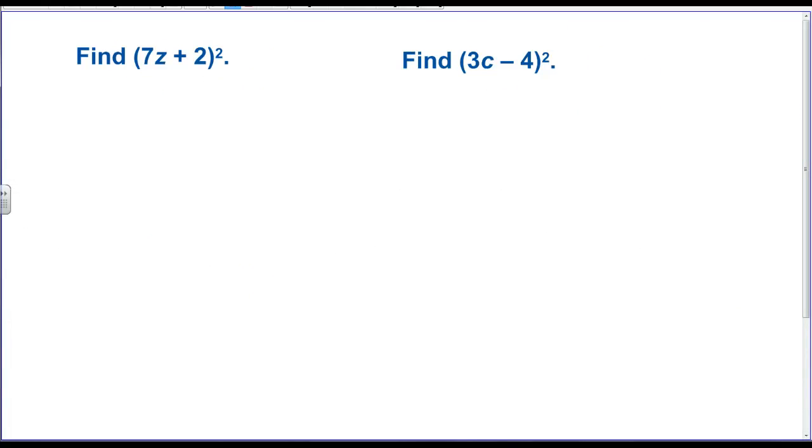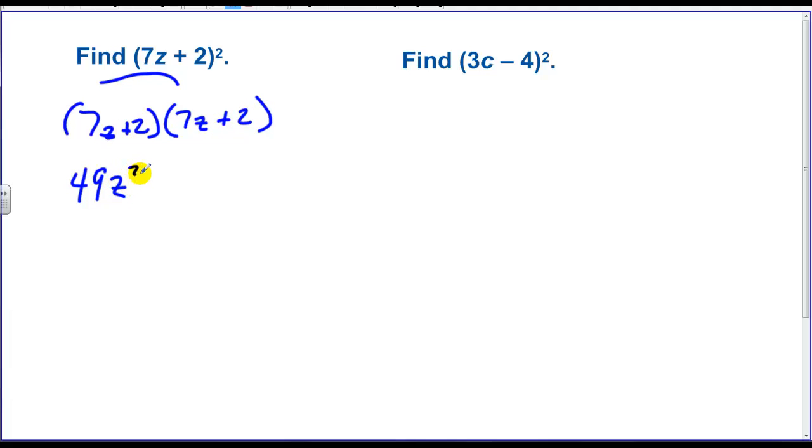So let's go ahead and do a couple of these. If I want to find the product of 7z plus 2 quantity squared, I'm just going to write that out twice and then go about FOILing. So here's 49z squared, 14z, another 14z, and 4.